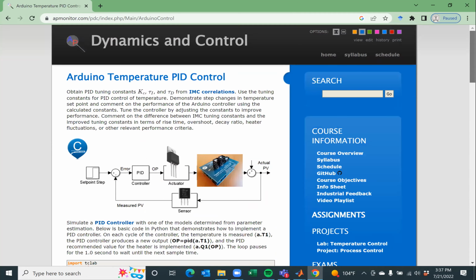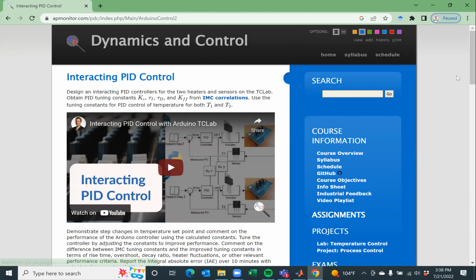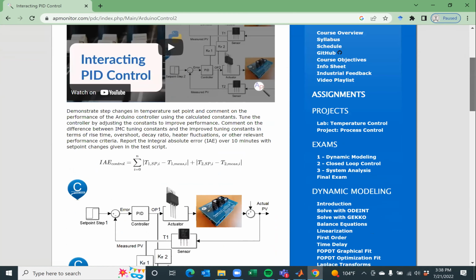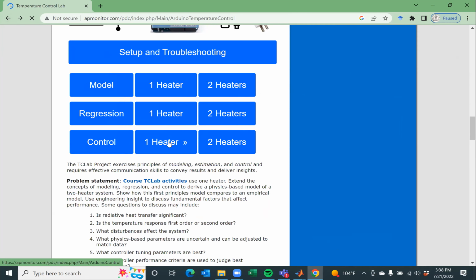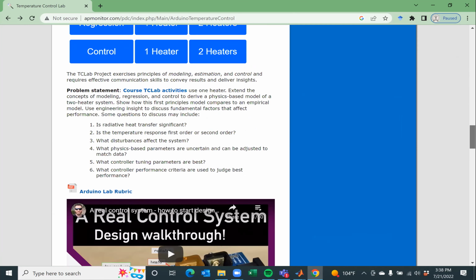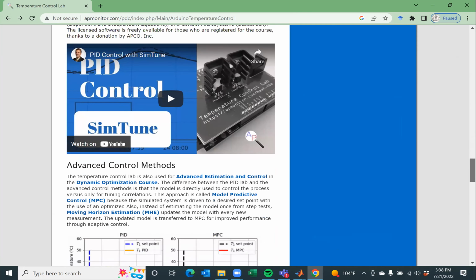And do this second lab, which is for 2 PID heaters. So the assignment for today, due next Tuesday, is to complete this 1 heater lab and 2 heater lab and write a short report on these two labs.